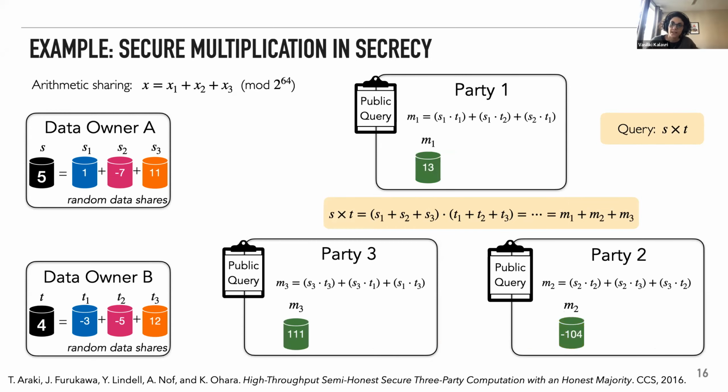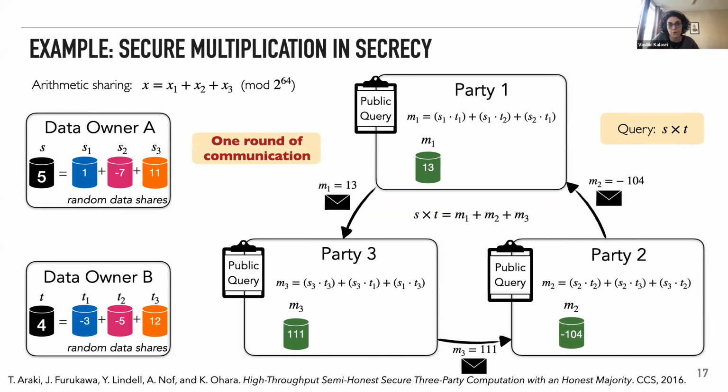Then they end up with 1 random share of the result of the multiplication. To maintain the replicated protocol, they also have to send 1 message to another party so that they can receive the second share. And then they can perform another multiplication on top of that, or another addition, and so on.